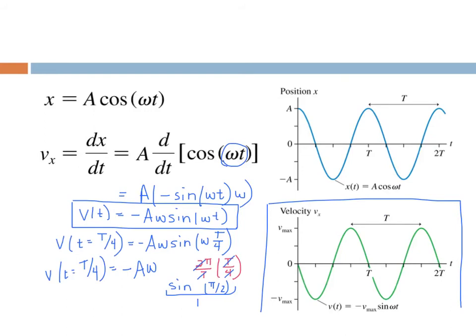Now we can do the same process for the time three-fourths the period. So we have negative a omega sine omega t. We can replace t with the new time that we're looking at. So we're evaluating this equation.